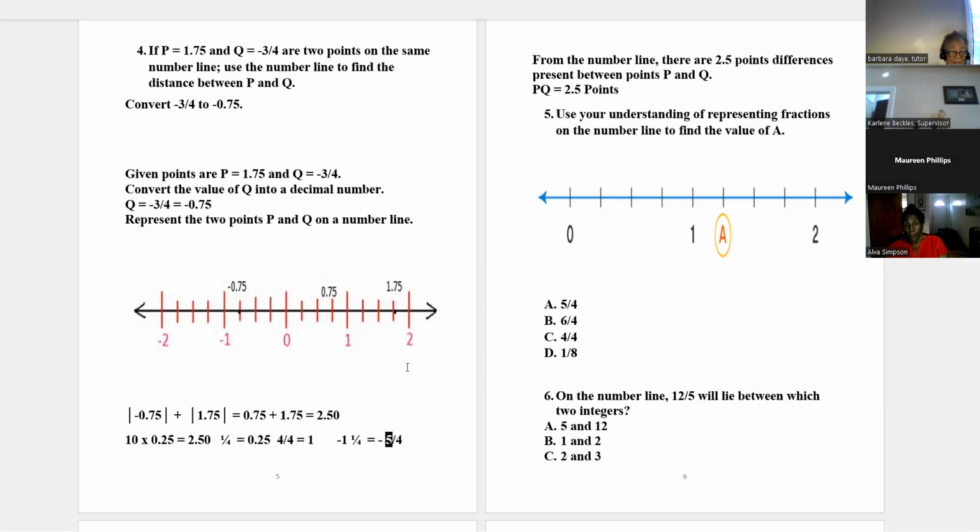Yeah, you're just adding a fourth every time. 1 and 1/4, 1 and 2/4, 1 and 3/4. 1 and 4/4 is 2. Got it, Alva? Yes, Miss Barbara. The way you know what fraction it is is how many of these hash marks are in between.